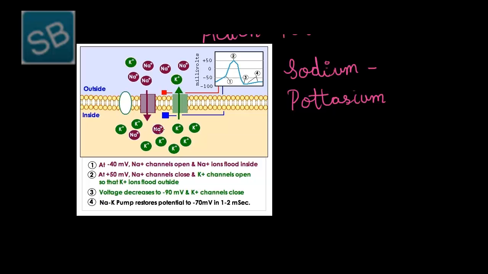Therefore, the Na plus ion concentration becomes gradually more towards the inner side of the plasma membrane, and that of K plus becomes more towards the outside. Here, the Na plus from outside gets inserted towards the inner side, and the K plus ion present inside moves towards the outer side. Thus, this results in the depolarization stage.